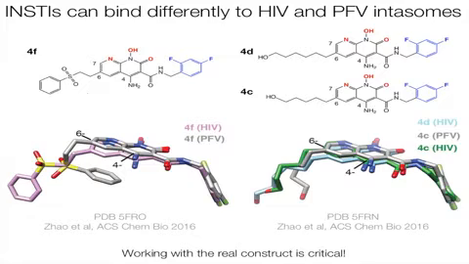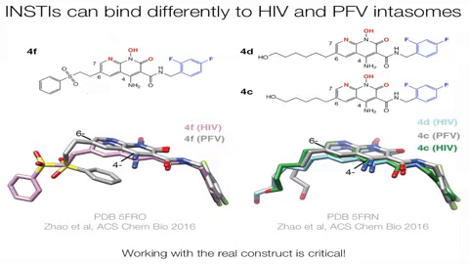On the left is a comparison of the binding mode of the compound 4F in the context of the HIV and the prototype foamy-virus intasome, and on the right is a comparison of the binding mode of the compound 4C in the context of the HIV and the prototype foamy-virus intasome. Now, in addition, we show that the more potent compound 4D adopts a similar configuration as that of 4C, extending toward the bulk solvent.